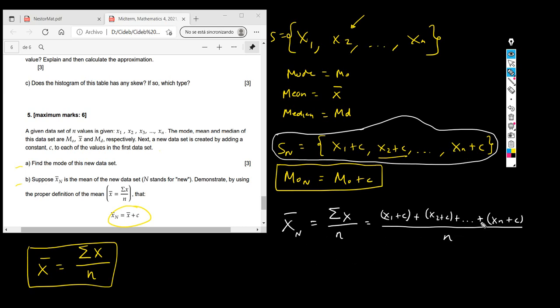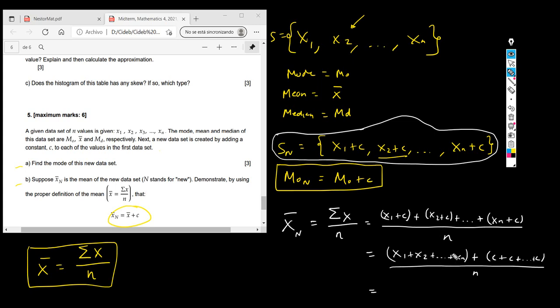Okay, so now look at this expression, and since this is addition after addition, something plus something plus something, I can drop the parentheses, and I can collect all the values x1, x2, x3, xn, etc. on the left, like so. I'm just rearranging them, and all the values c on the right, like this, over n.